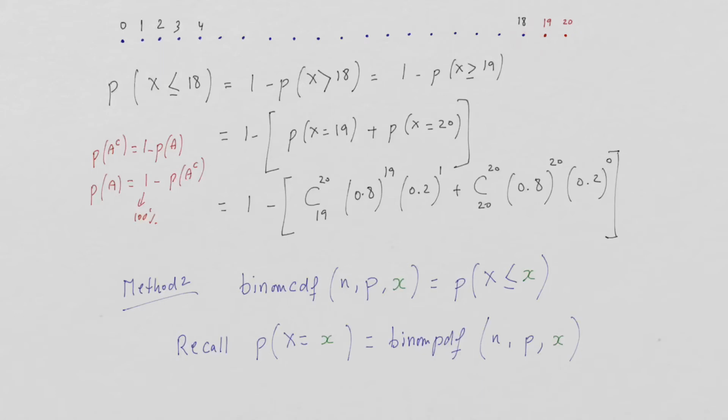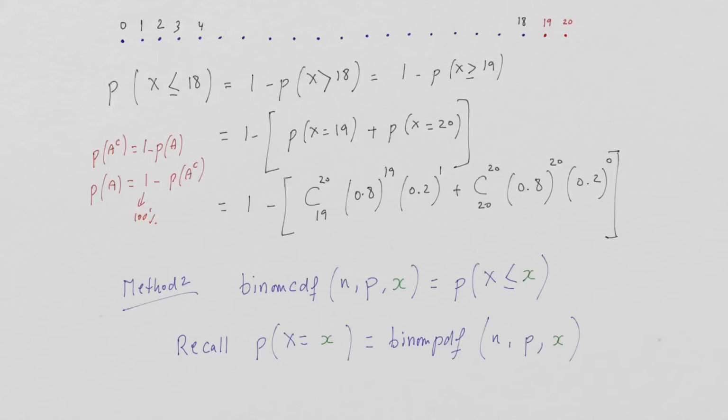There is no such thing as 18.1, okay? So if you are more than 18, you have to be either 19 or 20, right? So this is exactly this, okay? In any case, however you look at it, you're going to end up with 19 and 20. And add them up, subtract that from 1, and you should get the answer. Now, there is another method, of course.